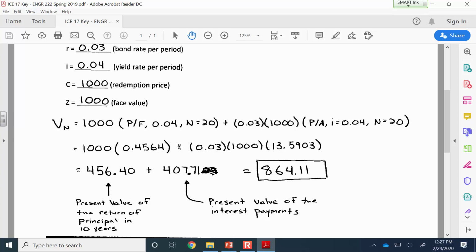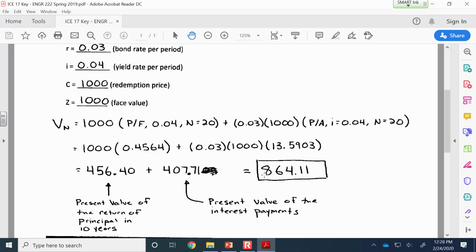So in any case, what this means is that if you want to have a 4% per period yield on a bond that only pays 3%, then you have to pay less than the original purchase price. And what that does is if you only pay $864 now, remember you're getting 1,000 in the future. So how do you get 4% interest if the company's only paying 3%?